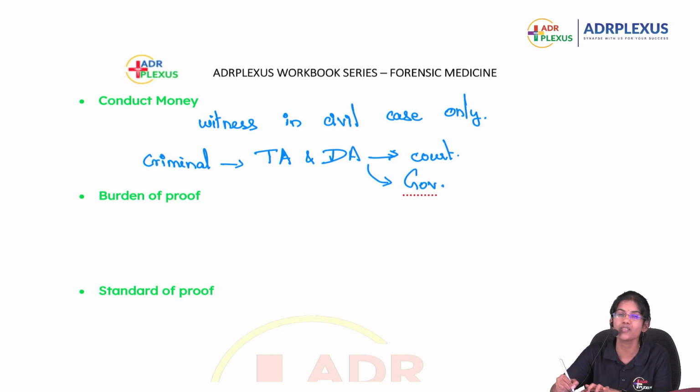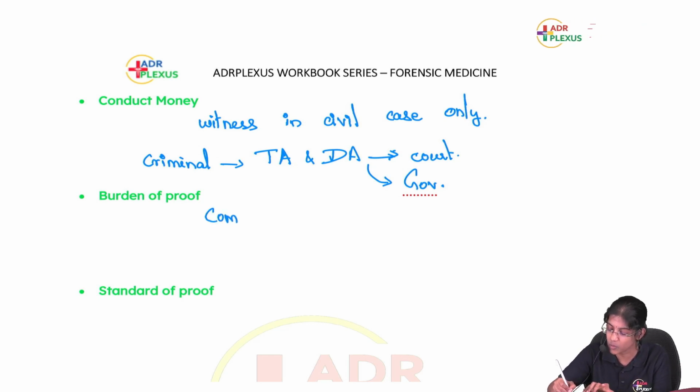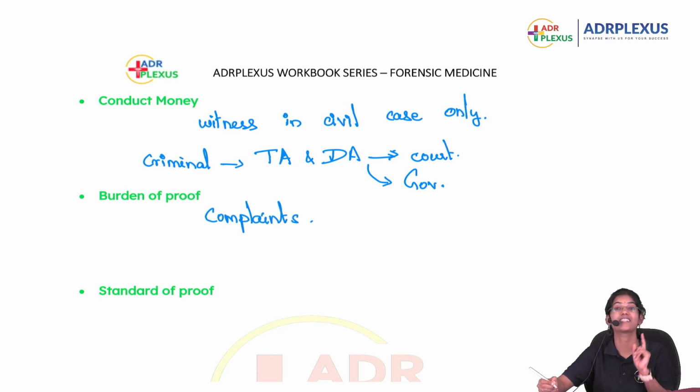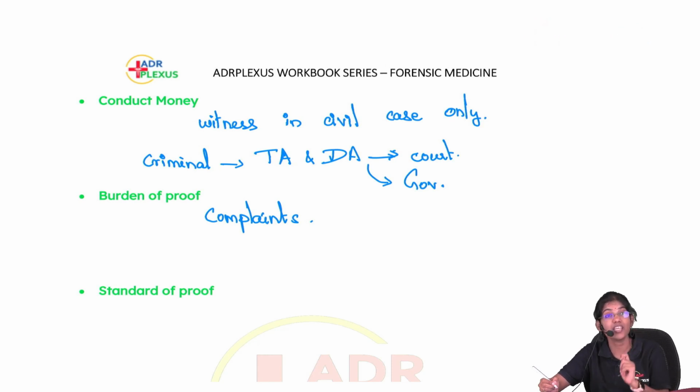It is always on the person who is accusing, the person who complains. That's why even in medical negligence, if the patient complains there is negligence, it's the patient who has to prove that there is negligence. There is always an exemption, but the burden is on the complainant.